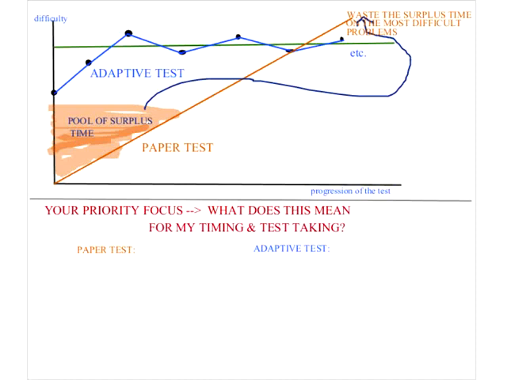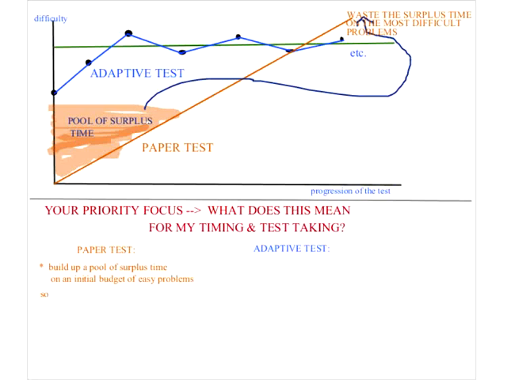In particular, caps off, no caps on. You build up a pool of surplus time on an initial bunch of easy problems.